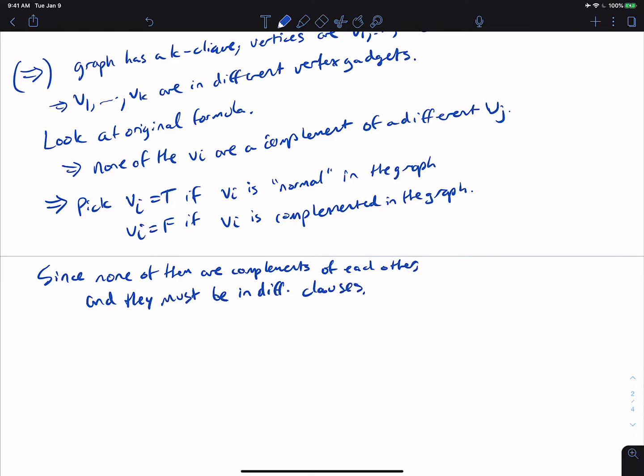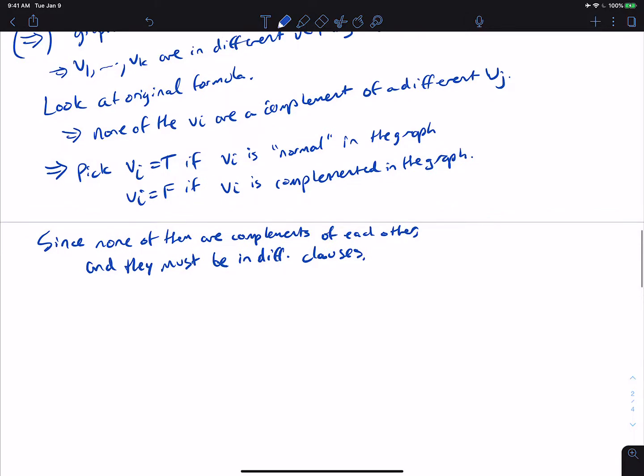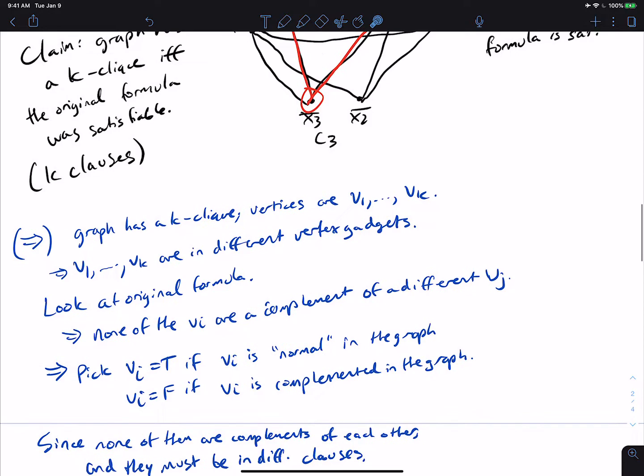We created this vertex gadget, one for each clause. If all k of these vertices are in different vertex gadgets, then they're in different clauses. So this assignment must satisfy the formula, because if it is a normal vertex and we choose it to be true, then because clauses are ors of variables, the or in that clause results in the value true.